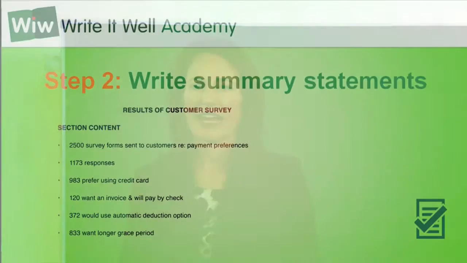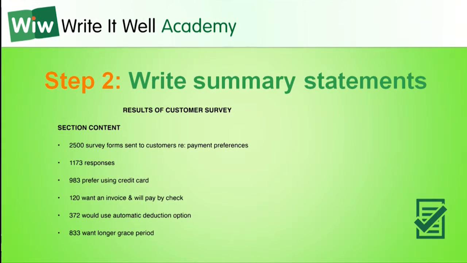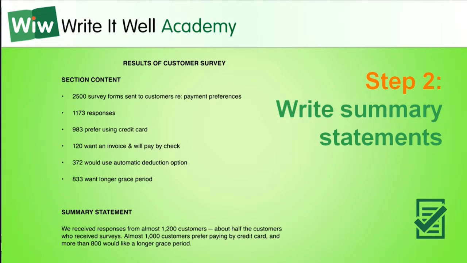Okay, so let's say that you conducted a customer survey and you have brainstormed all of the content about the information that you've collected, and these are the questions that you're going to answer. You have all the content here. How are you going to turn your section content into a summary statement? Again, we're focusing on step 2. How do you write that summary statement that your reader is going to read right away?